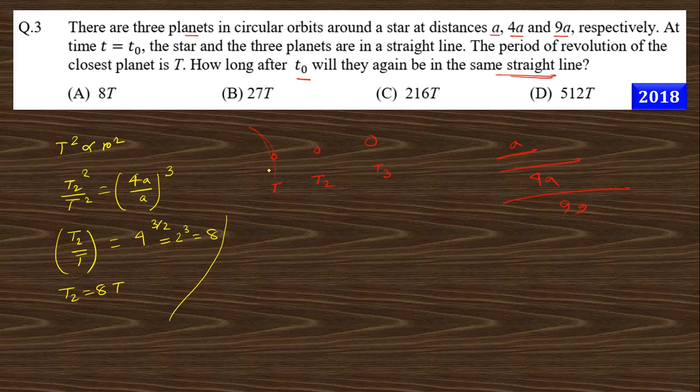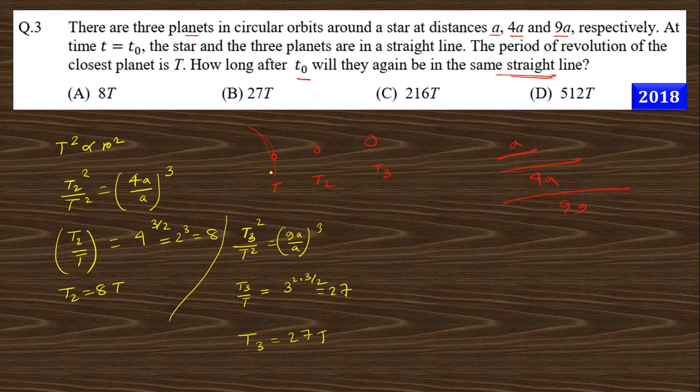Similarly, if you compare the first and the third, T3 square by T square equals 9a by a, whole cube. So a cancels out, and T3 by T is nothing but 3 to the power 3 by 2, so 3 cube, that is 27. So T3 is nothing but 27T.